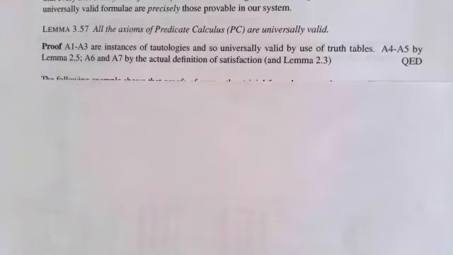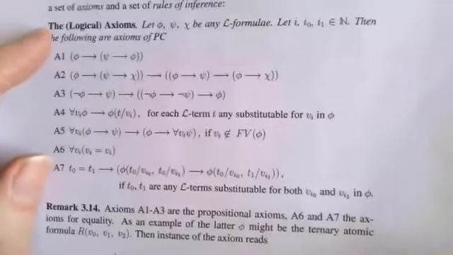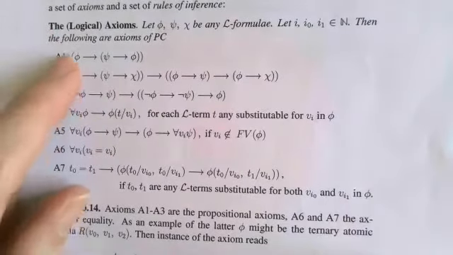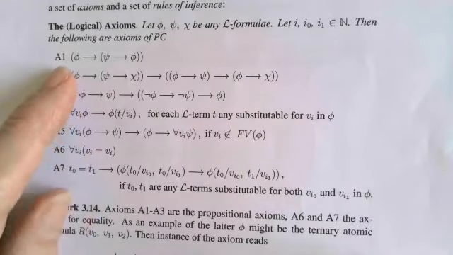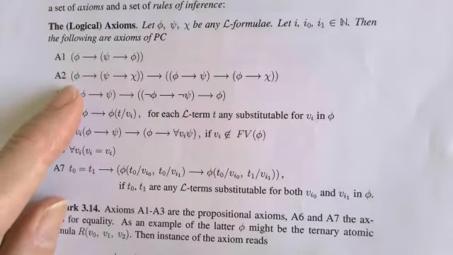So our axiom set here, to say that an axiom is universally valid means it's going to be true in all structures, no matter what assignment function, no matter what assignments we make to the free variables.